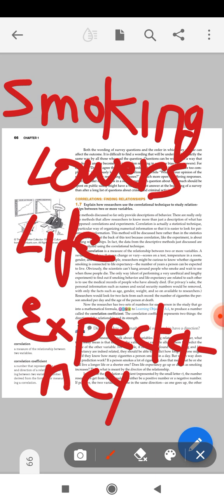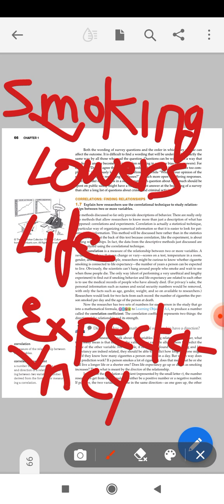Here we have used two variables, smoking and life expectancy. We have to find the relationship between the intensity of smoking and life expectancy. You will get a result whether it is positively correlated or negatively correlated. What is the meaning of positively and negatively correlated?